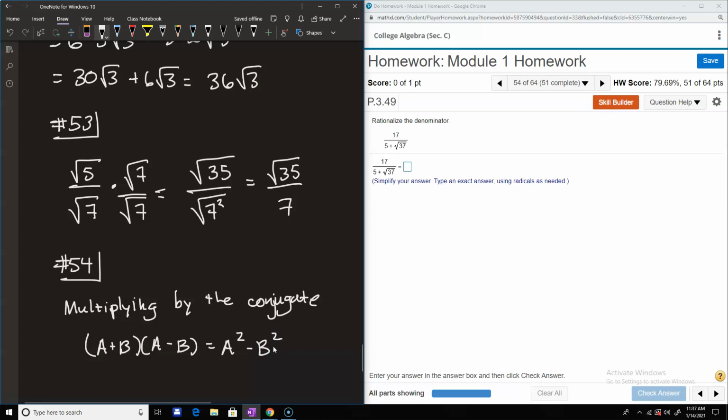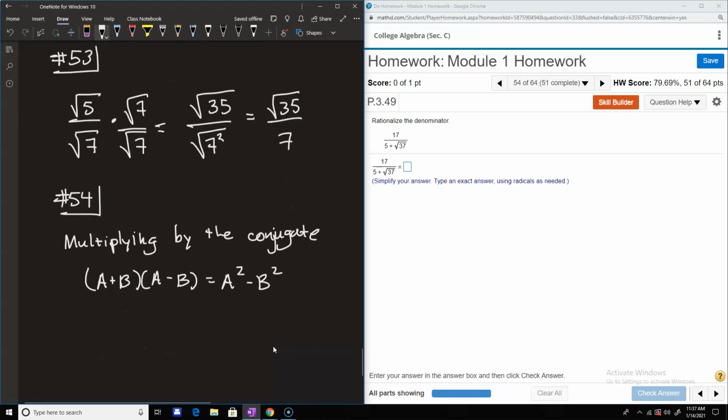Because to multiply those two binomials you have to FOIL them out, right? You multiply the first terms, the outside terms, the inside terms, and the last terms. But the outside terms would be minus ab, and the inside terms would be plus ab. So your outside and inside terms cancel. So you end up with just a squared minus b squared.